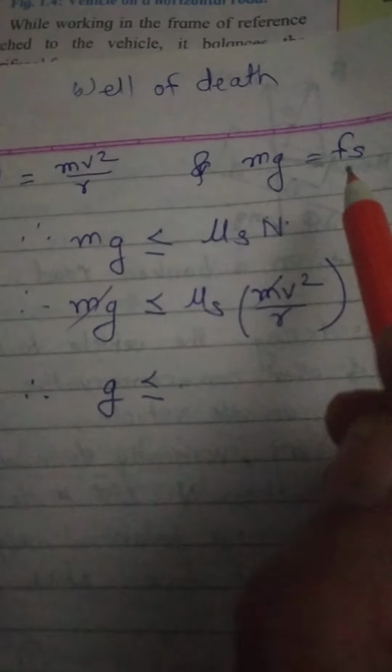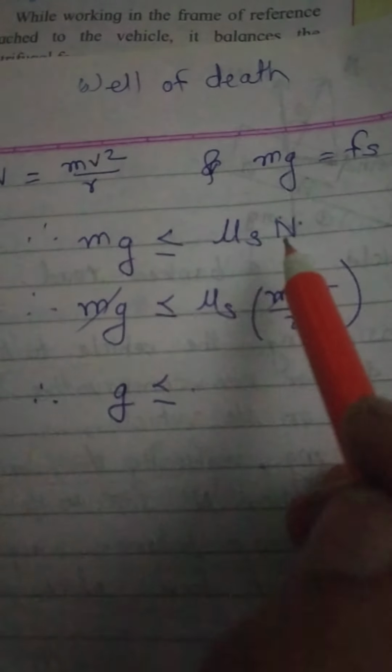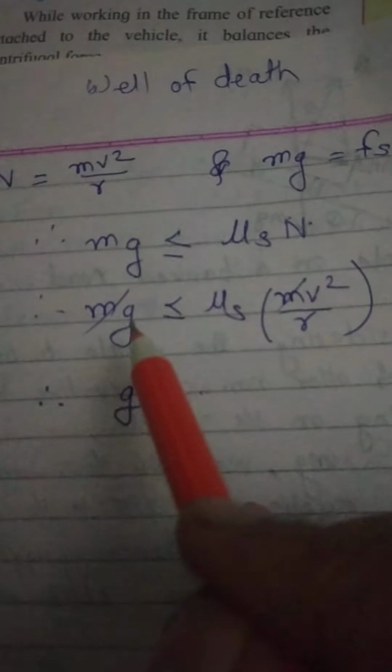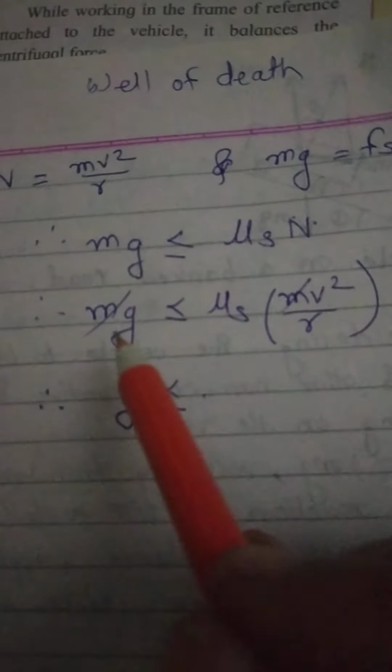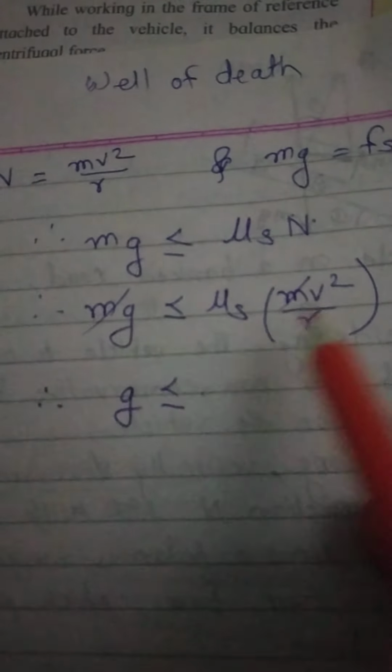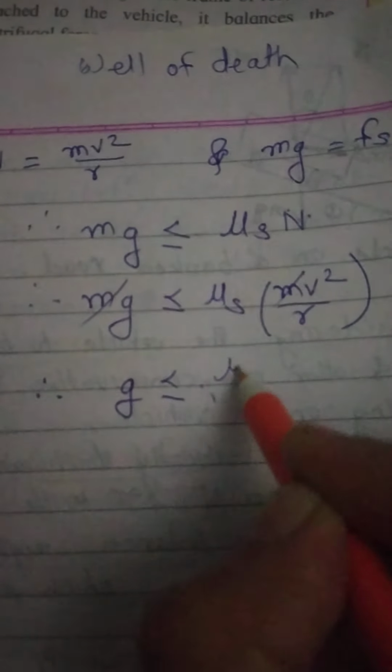Fs, the frictional force, is mu s N, the coefficient of static friction times the normal reaction between the tire of the car and the wall. N is nothing but mv squared upon r. Putting this value of N, the m cancels out, then g is less than or equal to mu s v squared upon r.